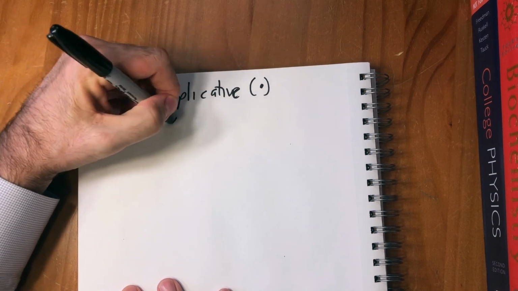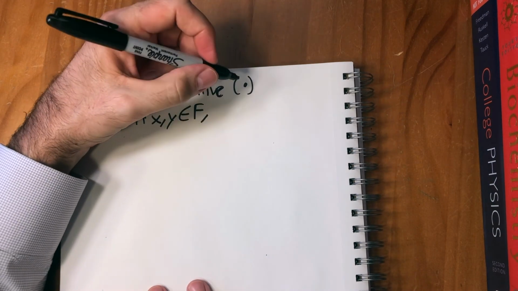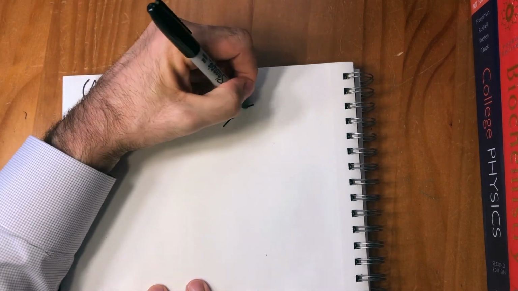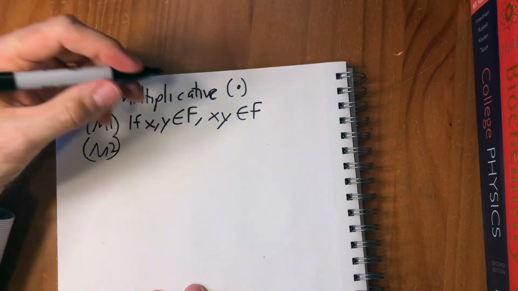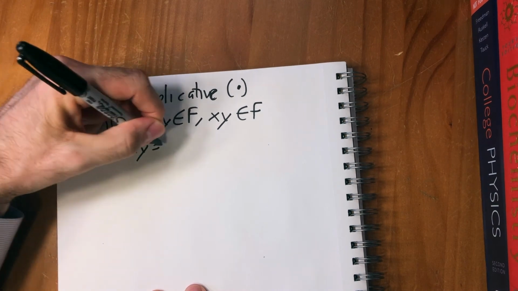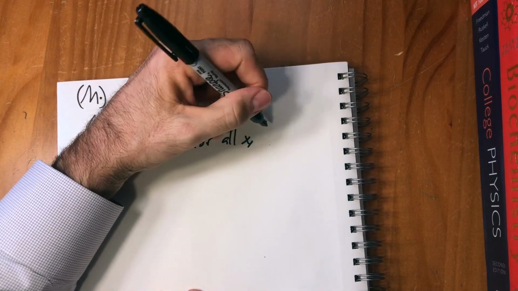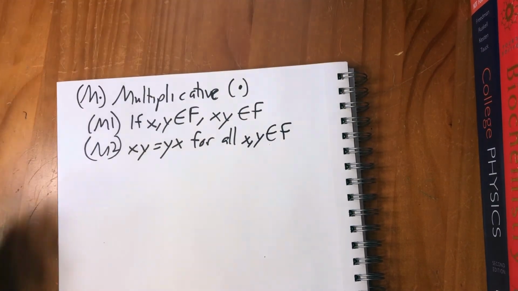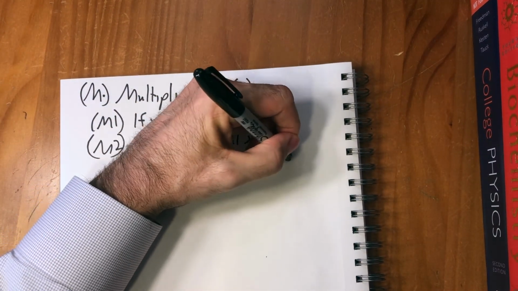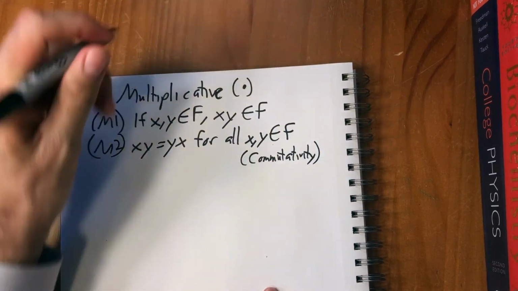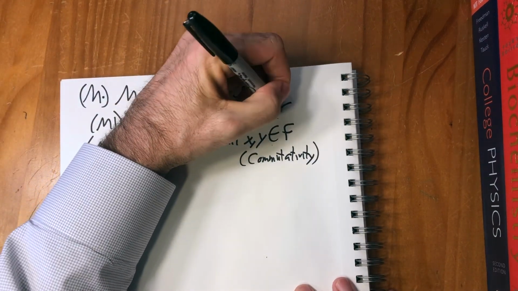So again, if x and y are both in F, then xy is an element of F. M2: xy equals yx for all x and y in F. This is commutativity. So commutativity is required for a field. It's not necessarily required for a group or a ring.